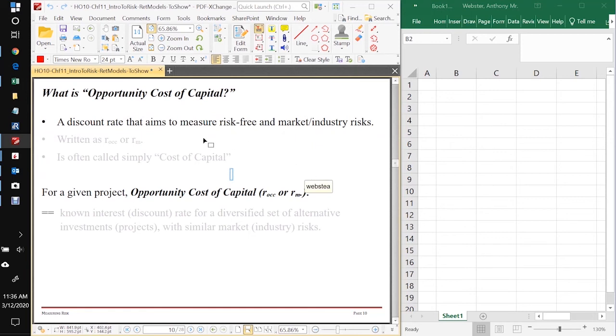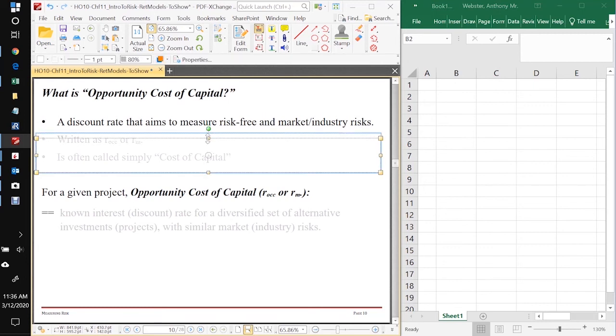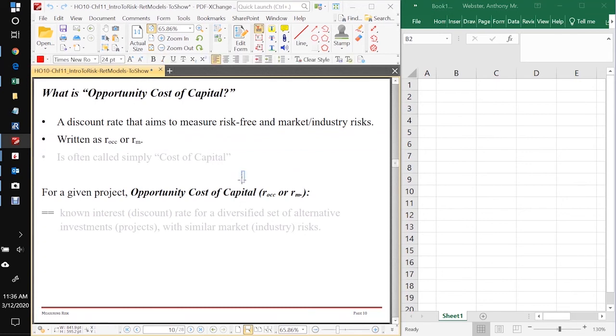It's a discount rate that aims to measure our risk-free and market or industry risks. It's always going to be written as ROCC or RM, and economists will also abbreviate this by simply saying cost of capital rather than opportunity cost of capital. So when you hear someone talking about cost of capital, they mean opportunity cost of capital.